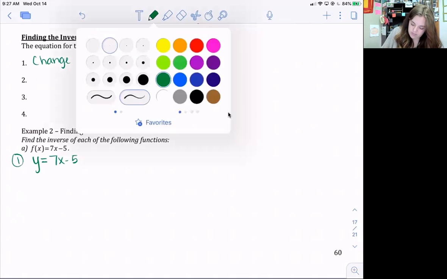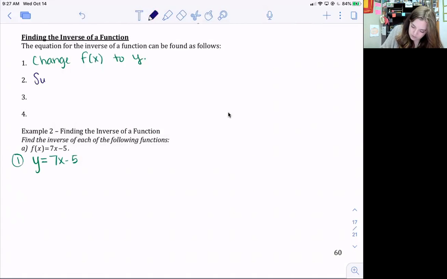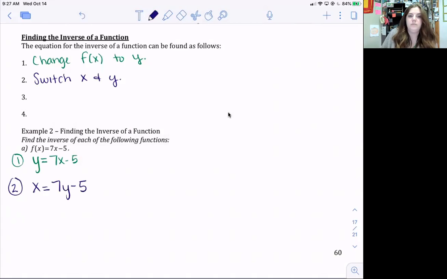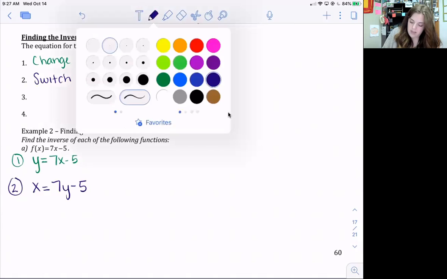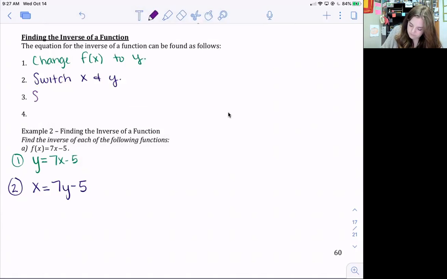Now, for our second step, we're going to switch x and y. So this is going to become x equals 7y minus 5. Now we're going to solve for y.